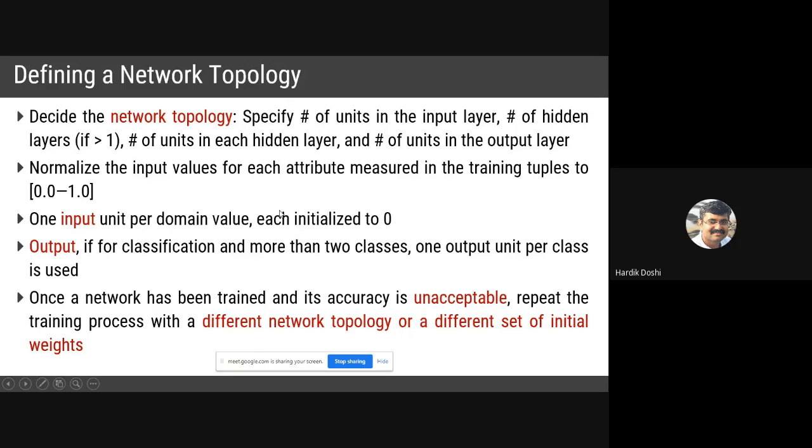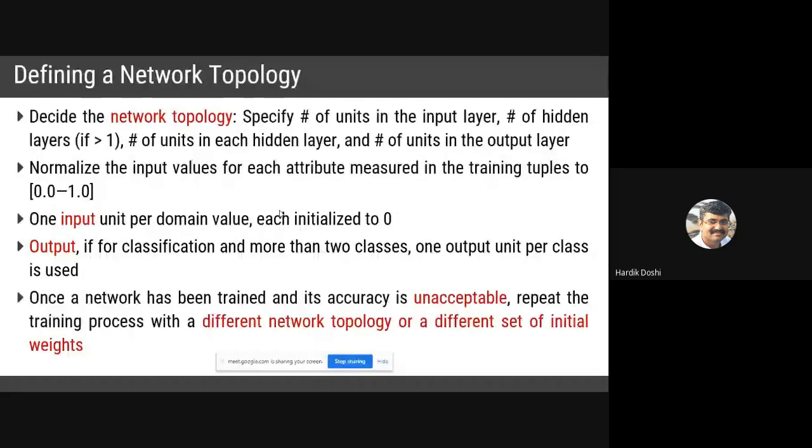So when can I say my neural network is trained? Are you getting my point? I need to check the accuracy, and if the accuracy is unacceptable, then I need to change my network topology, or I need to change the initial weights, as I suggested.